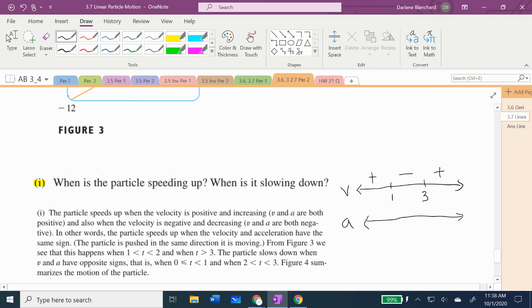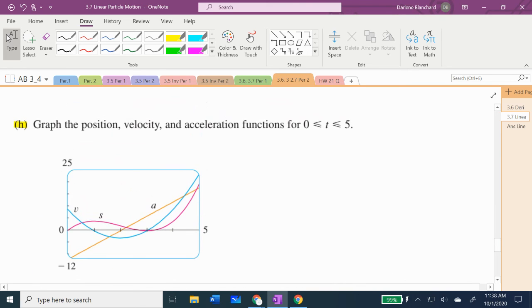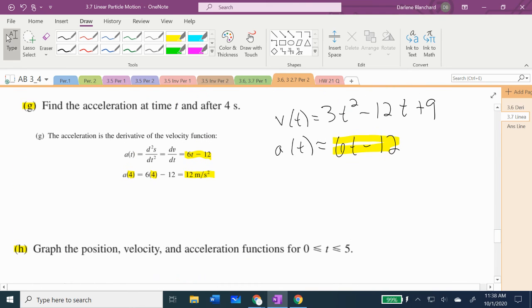With acceleration, I want to look at the equation that I got, 6t minus 12, and I want to figure out what makes it equal to 0. So I factor a 6, I get t minus 2. That means the acceleration is 0 at time 2. And I need to know, is acceleration positive or negative on each of those half number lines?